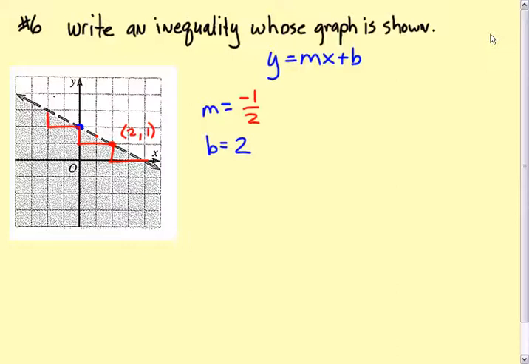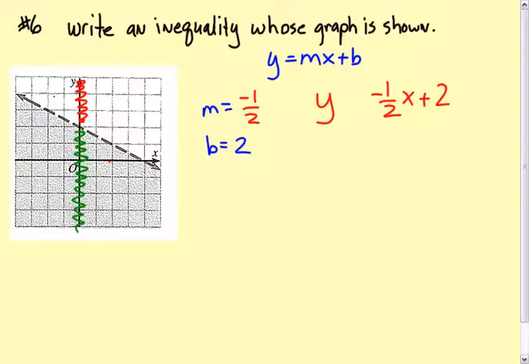Okay? Now, let's put it into the equation form. I know it's going to be y. I know my slope is going to be negative 1/2 x and the y-intercept is 2, so plus 2. Now the question is, what kind of inequality? Well, the line cuts the y-axis into two parts. It cuts it into this part up here, the red part, and it cuts it into the green part.